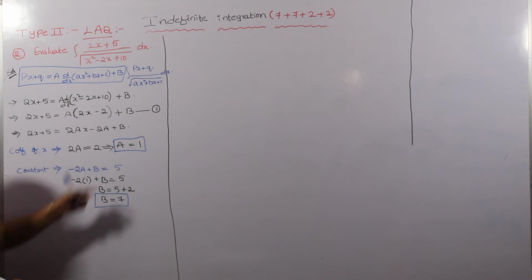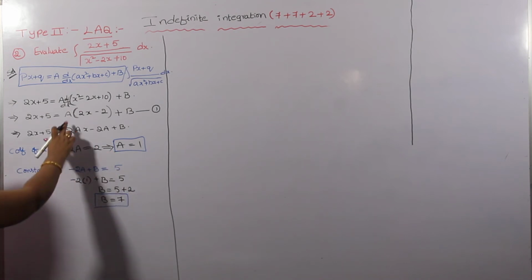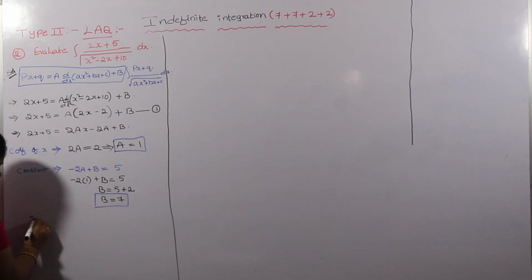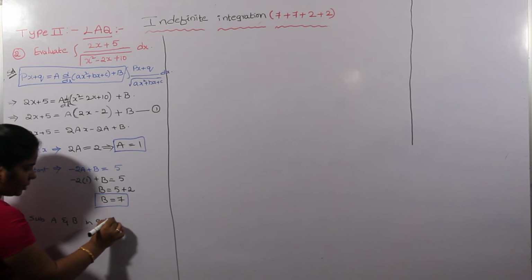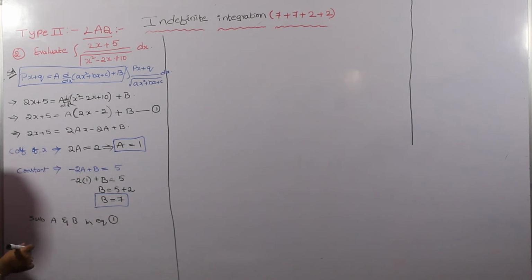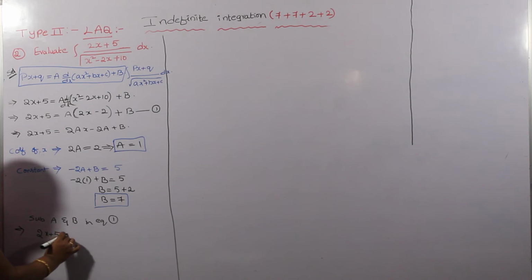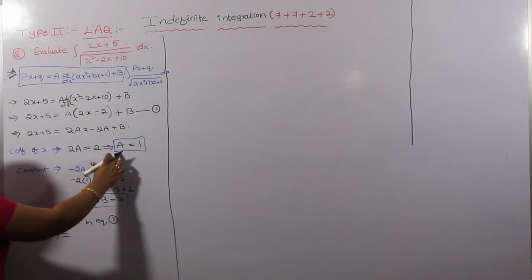After that, substitute capital A and capital B in equation 1. What is equation 1? This is equation 1, that is 2x plus 5. In the LHS we have 2x plus 5, taken directly, and capital A is equal to 1.